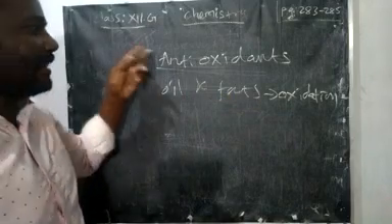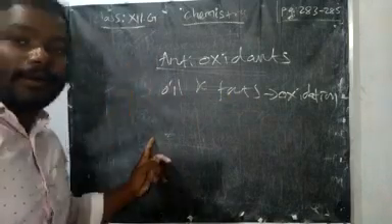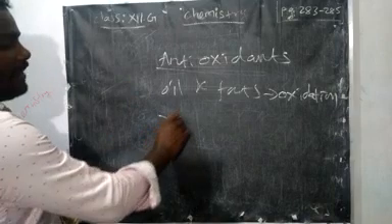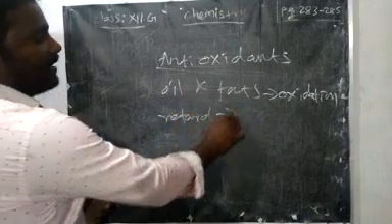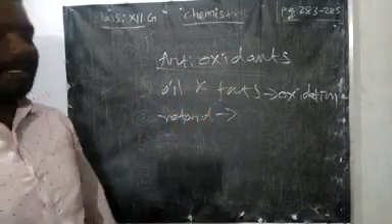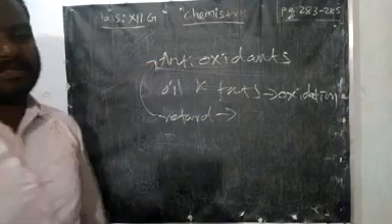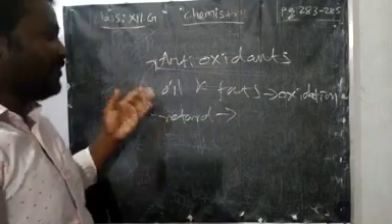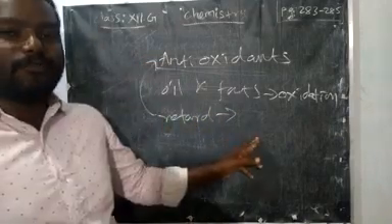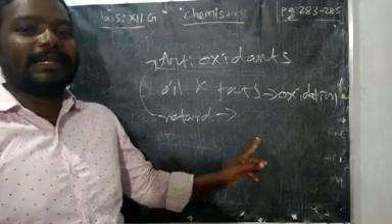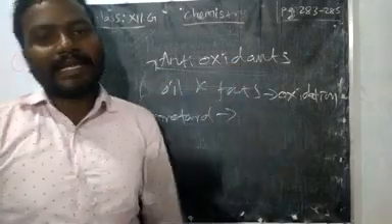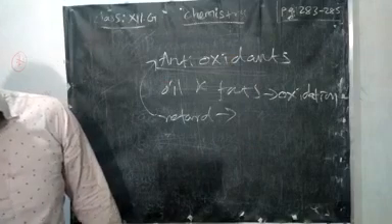So we can add some chemicals which can control or retard, that is stop, the oxidation reaction. They are called antioxidants. The chemical or substance which retards the oxidation of oil and fat in the food is called an antioxidant. So some examples we will see now.